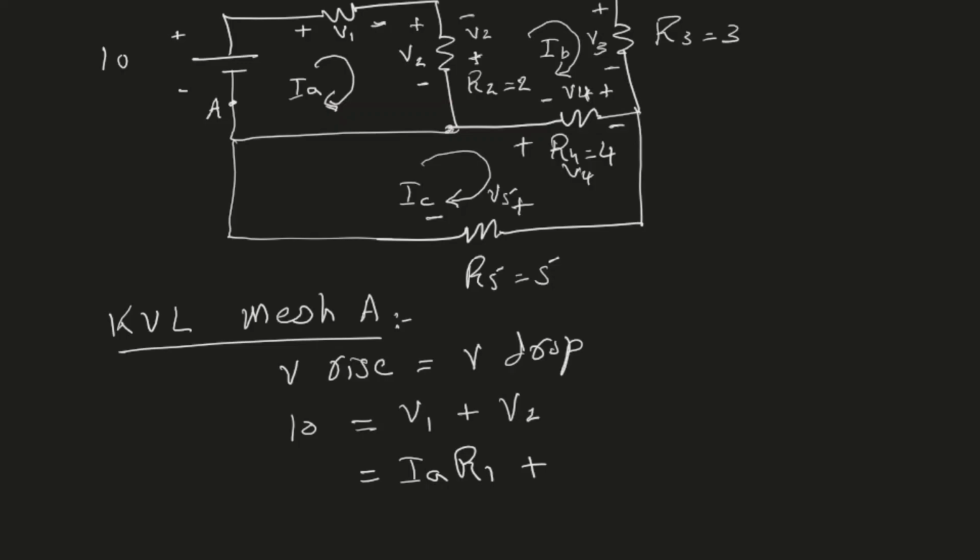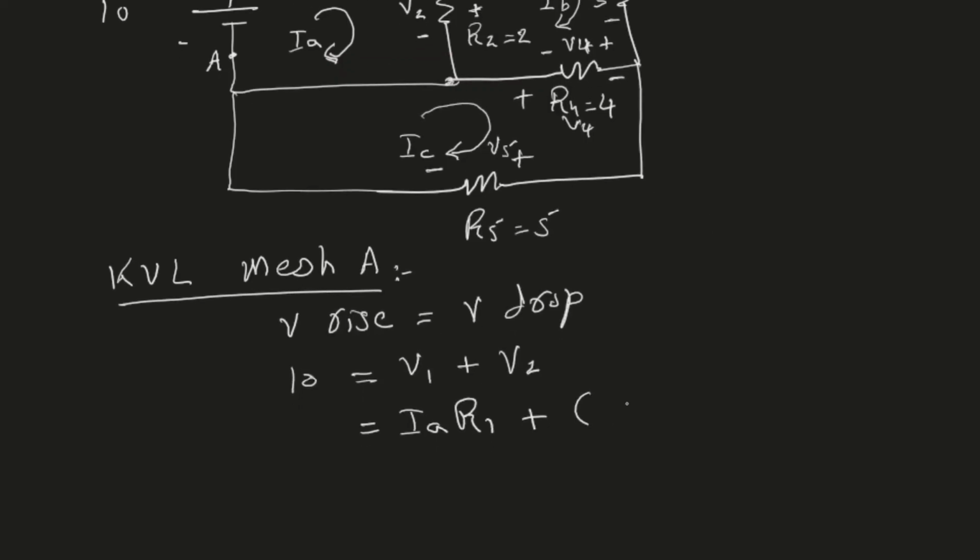The net current in this resistor R2 is IA minus IB, correct? Please see one of my previous lectures on mesh analysis to understand why we choose IA minus IB instead of IB minus IA. This is the correct difference between the two currents, and that multiplied by R2 is V2.